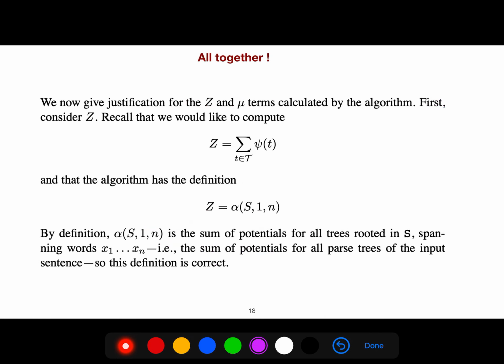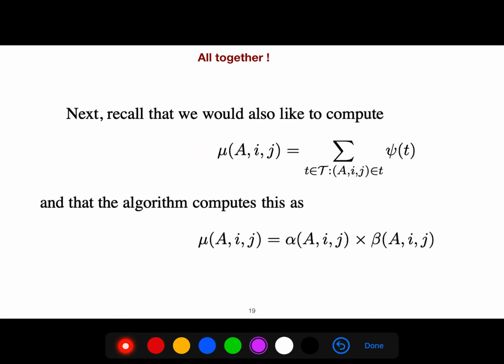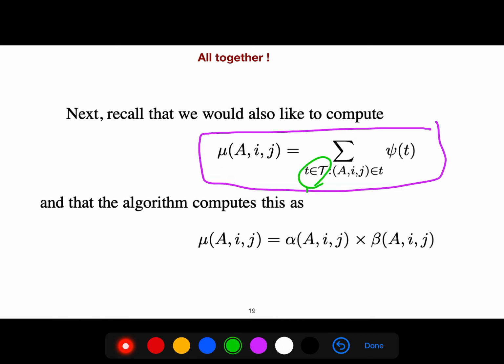So altogether, we had the problem, as I said, the denominator of that beautiful application. So now we can calculate it using dynamic programming very easily. And if we calculate alpha, then we can calculate Z. So we can also calculate mu that I told you, because we should sum the potential over all trees. It seems impossible, but we have done that. Then the mu is just a multiplication of alpha, which is your inside, and beta, which is outside.